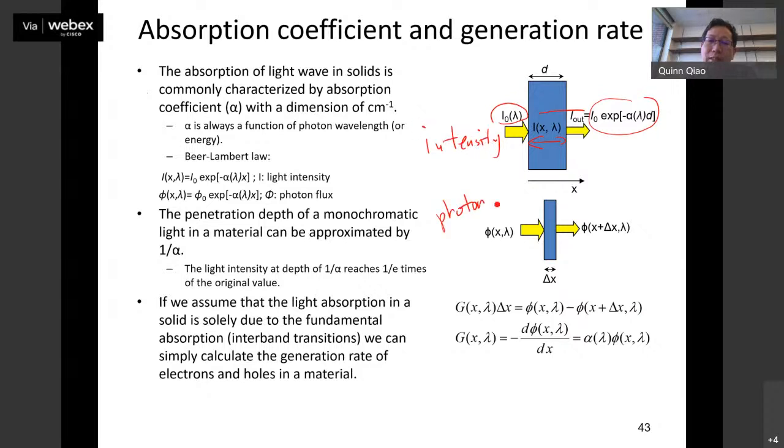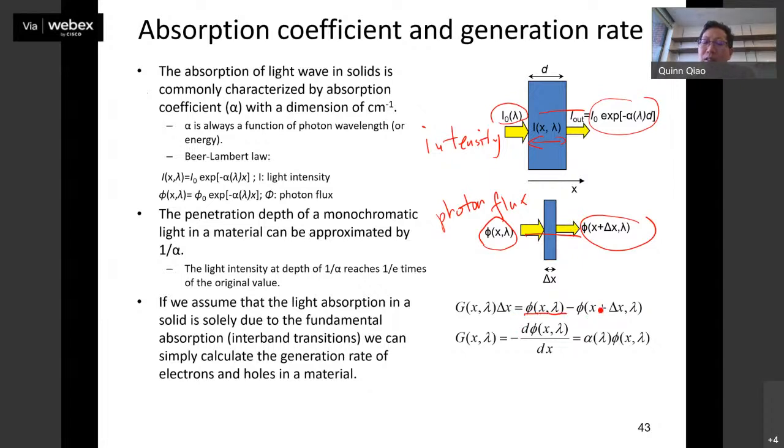What is photon flux? Photon flux is the number of photons per centimeter squared per second. That's how many photons you have there. Then you have how much is incoming and how much goes out. So the total absorbed photon flux will be the incoming one minus the outgoing one.